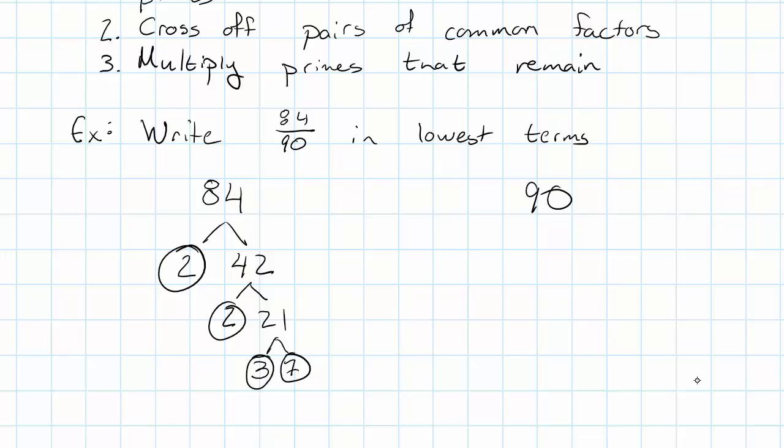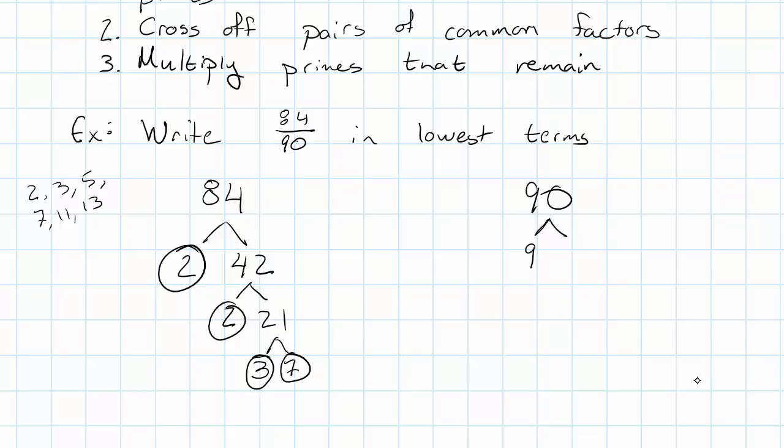If I didn't know that, I could go through that list I gave you, 2, 3, 5, 7, 11, 13, and try dividing by each of those. Okay, so that's 84 fully factored.